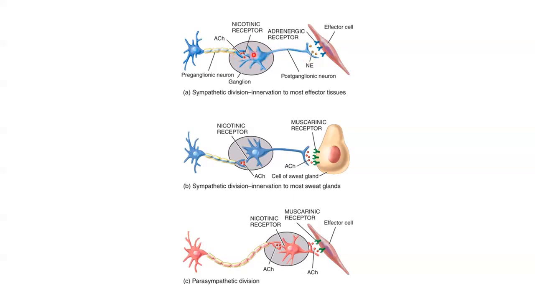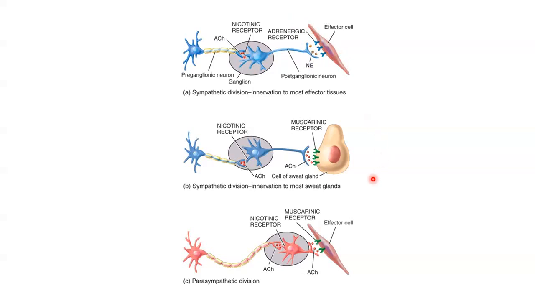Our postganglionic neuron is an adrenergic neuron because it releases norepinephrine. It releases the norepinephrine and that binds to our effector cell.